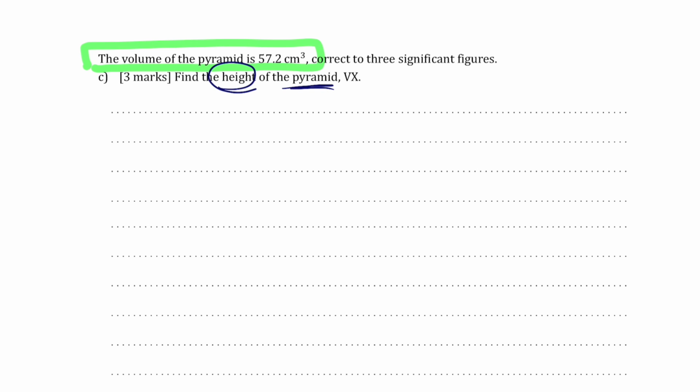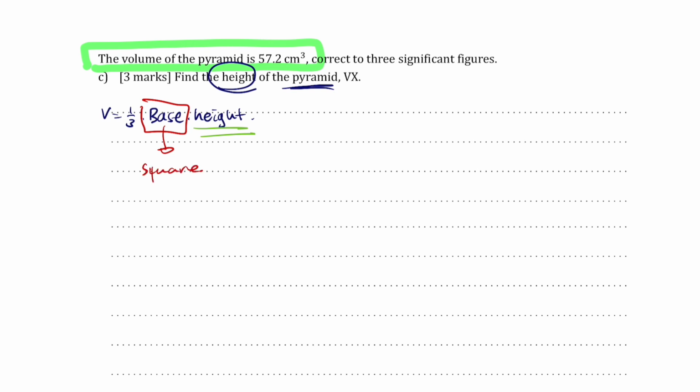So the new information is the volume, and we know that to calculate the volume of the pyramid, we have to use the formula 1/3 times base times height, right? And since we need to calculate the height, and also we know the area of the base, the base of this pyramid is a square, right?